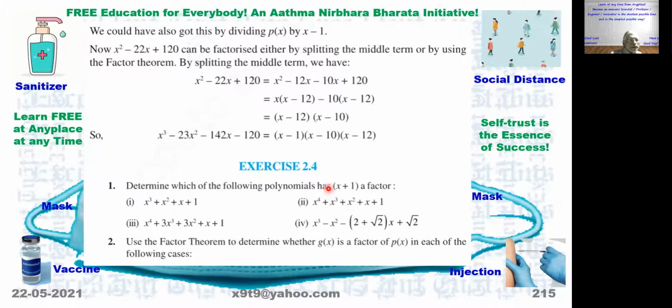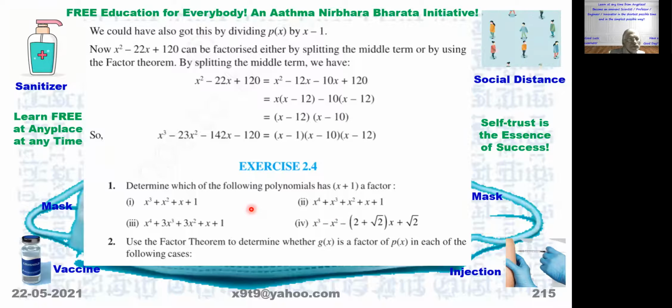So we have to just find out which polynomial has x plus 1 as a factor. There are 4 problems. In all of them, we want to check whether x plus 1 is a factor of this, is a factor of this, is a factor of this, or is a factor of this.